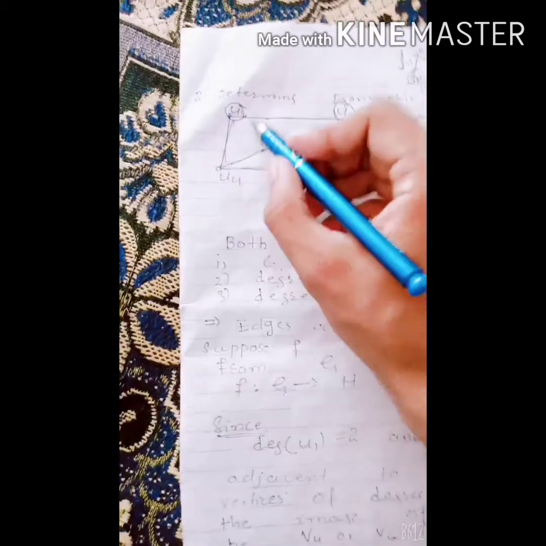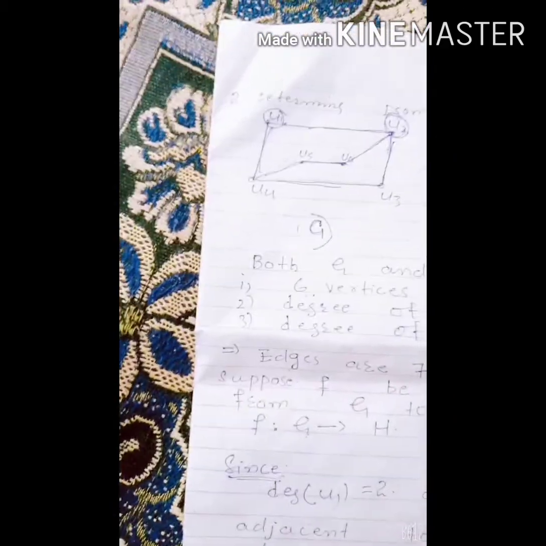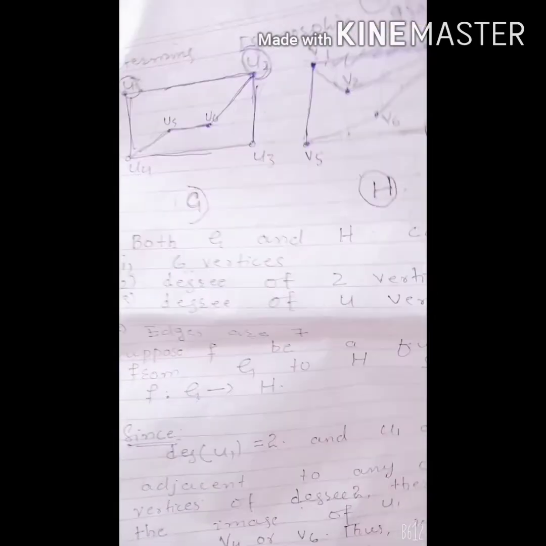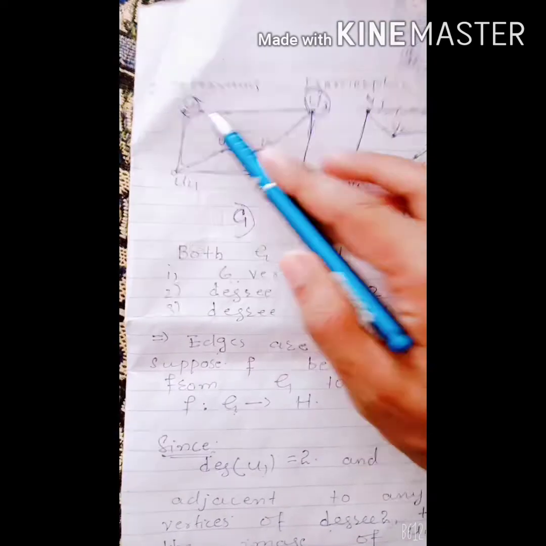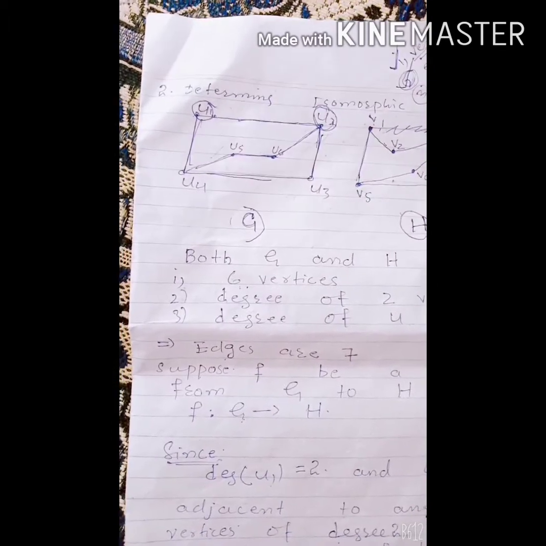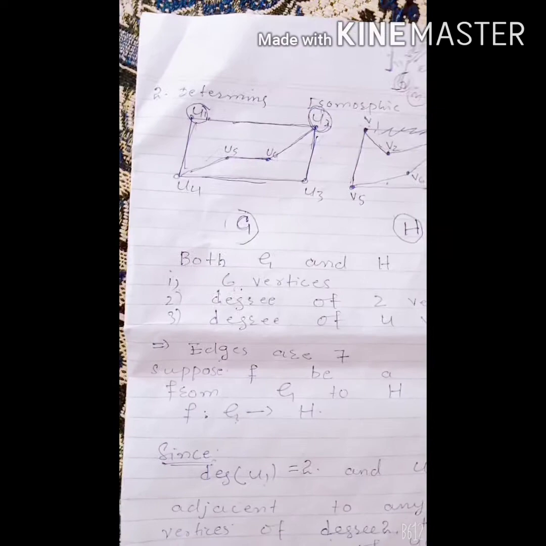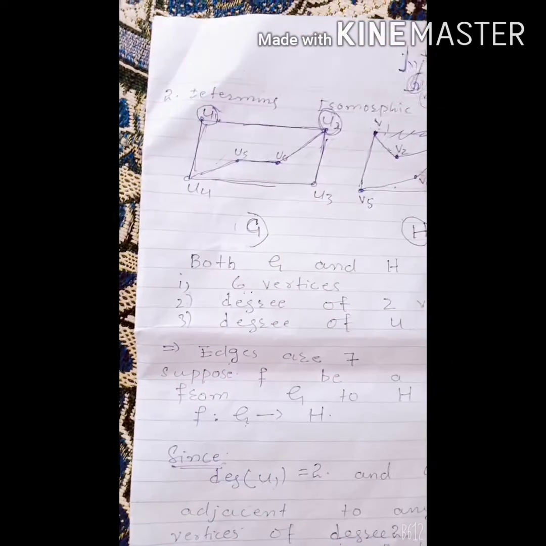As we know, the degree of u1 is equal to 2, and u1 is not adjacent to any vertex of degree 2. Therefore the image of u1 must be v4, because it also has 2 edges, and also v6.